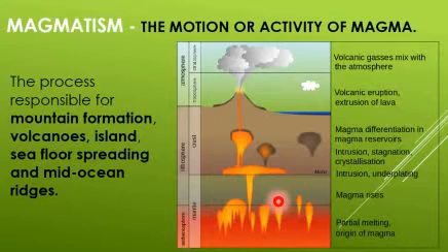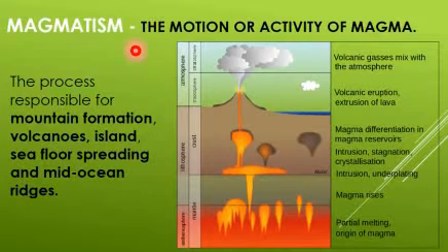Now, let's have first magmatism. So, magmatism, it is the motion or activity of magma. So, it is the process responsible for the mountain formation, volcanoes, islands, seafloor spreading, and mid-ocean ridges. So, again, magmatism, the motion or activity of magma.